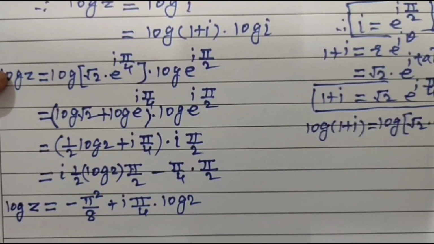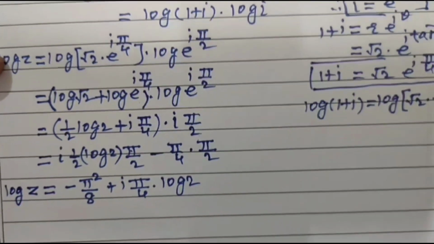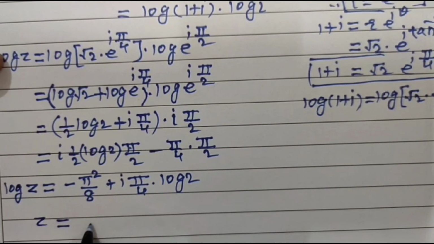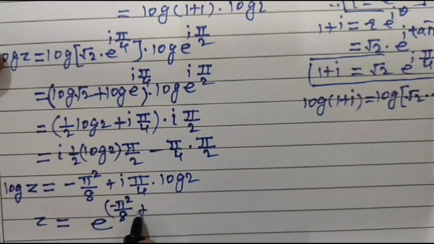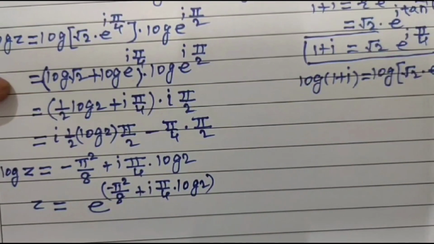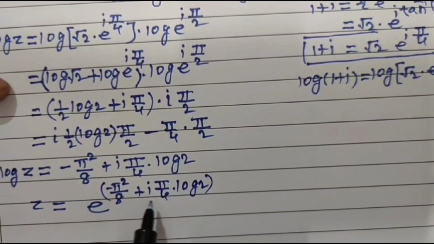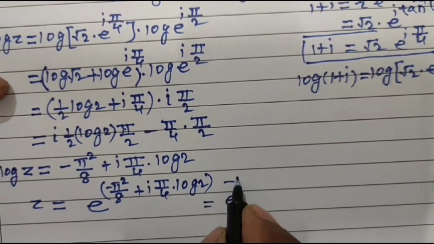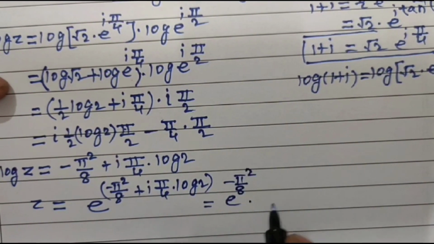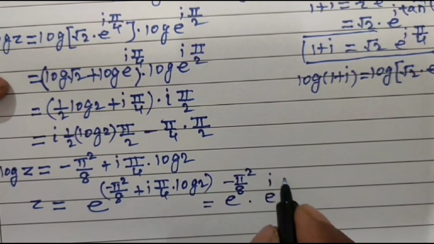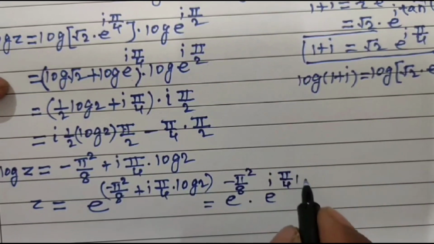Then taking exponential on both sides, z is equal to e to the power minus pi square divided by 8 plus i into pi by 4 into log 2. Okay. Now e to the power m plus n is equal to e to the power minus pi square by 8 into e to the power i into pi by 4 into log 2.